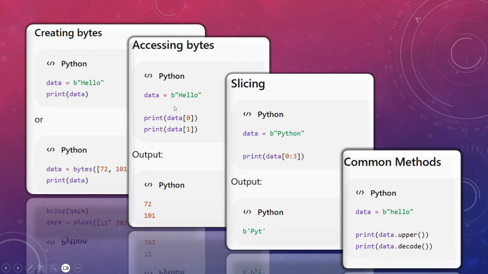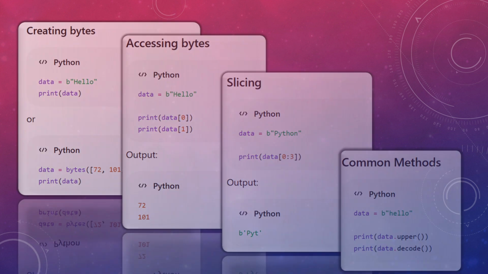So H represents 72, E represents 101, L will be some number. These are numerical representations, right? Unicode. Then slicing is similar to 0 to 3, that is 0, 1, 2, correct? But the third element is not included. Common methods are data.upper and data.decode, so encoding and decoding, correct? Once you're encoded, if you want to, you can also decode that.